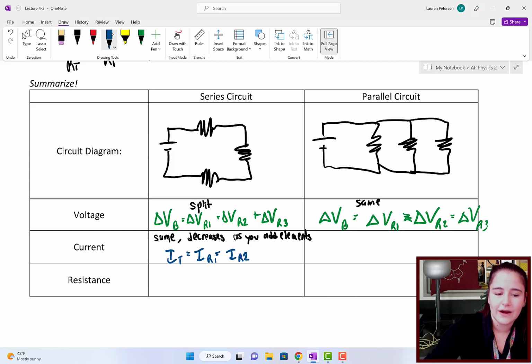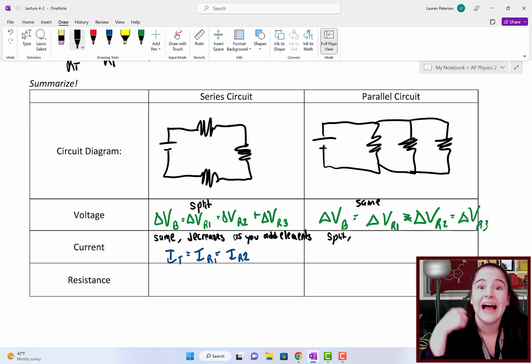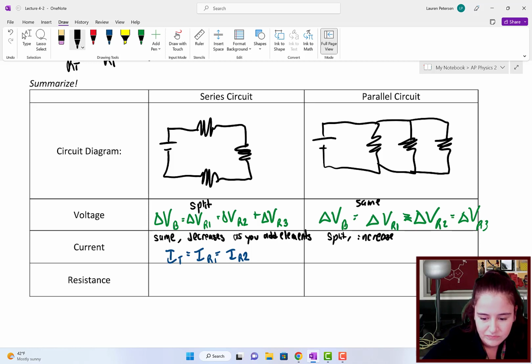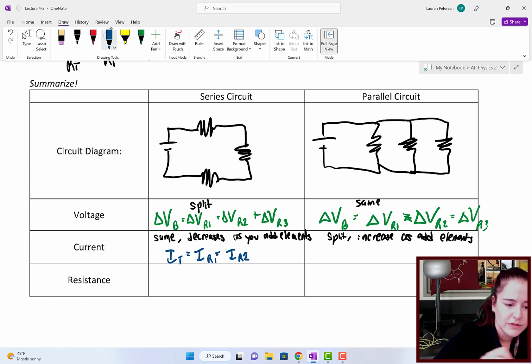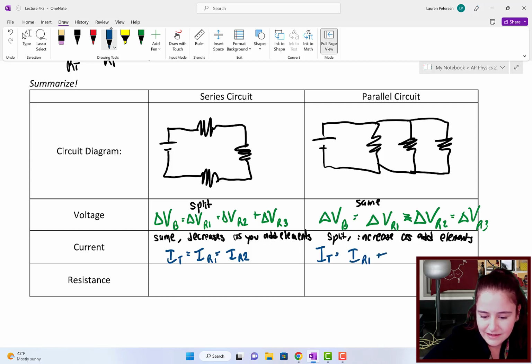Whereas in a parallel circuit, the current is split. Because it splits through the different paths, it will increase as you add elements. So I total equals I through R1 plus I through R2 plus I through R3.